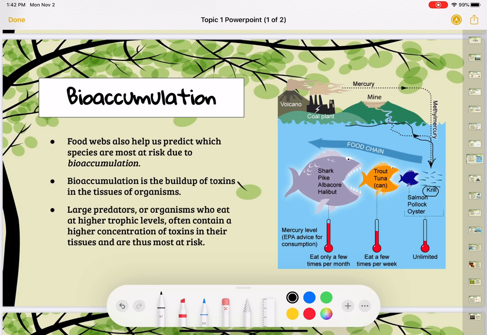The salmon and pollock and oysters might, because they eat not just one krill, but they might eat 5 krills. So now these guys, I'm going to put little dots if you can see them. So let's say this salmon eats all of that krill. Well, they got 1, 2, 3, 4, 5, 6, 7, 8, 9. So let's say 9 different dots there.